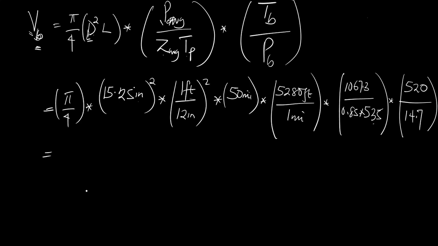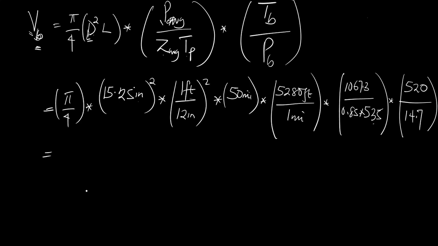Let's calculate this to see what is the line pack volume. So to do that, you say pi divided by 4 times. You can make use of your calculator to punch it out so that you also cross-check the answers.